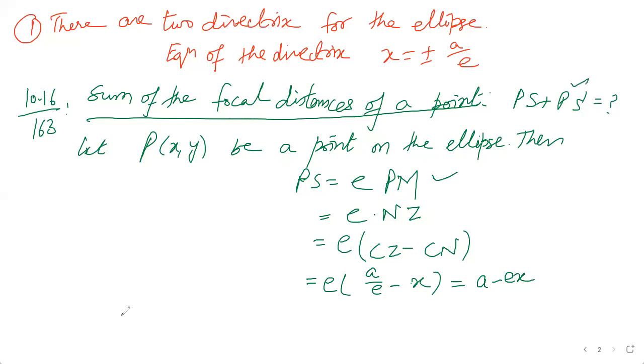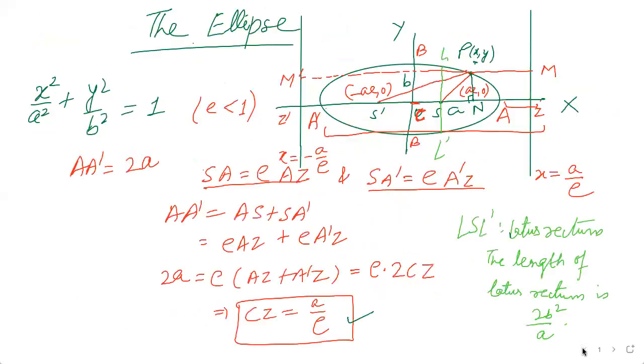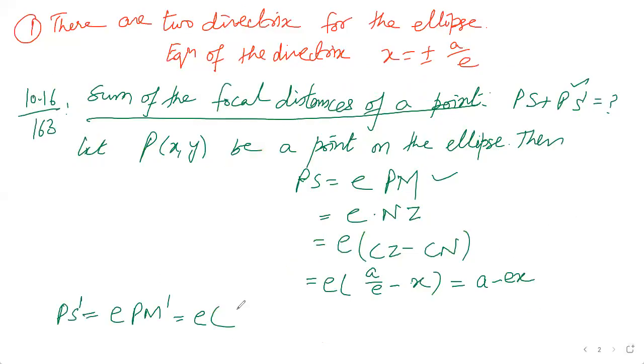I want to find PS plus PS dash. Now I will find PS dash similarly. PS dash will be e times PM dash by this formula. And PM dash means this distance, so it will be CZ dash plus CN, because it is on this side. Then we put its value here, so it will become e times CZ dash plus CN. CZ dash is this distance from here to here, minus a upon e, and plus CN.